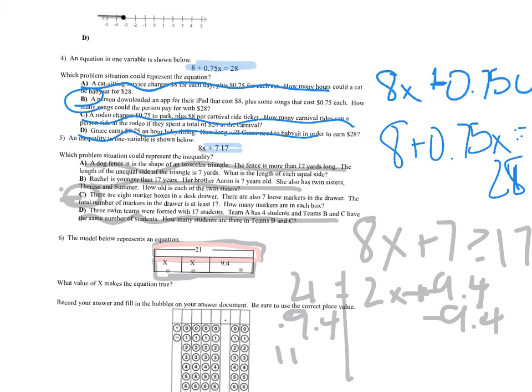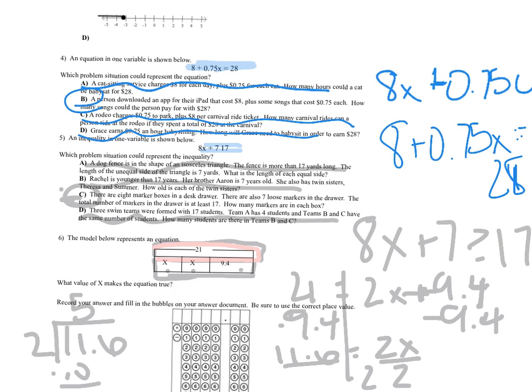So 11.6 equals 2x. So you're going to divide both sides by 2. Okay, so 11.6 divided by 2 is going to be 5.8. So your answer here is going to be 5.8.